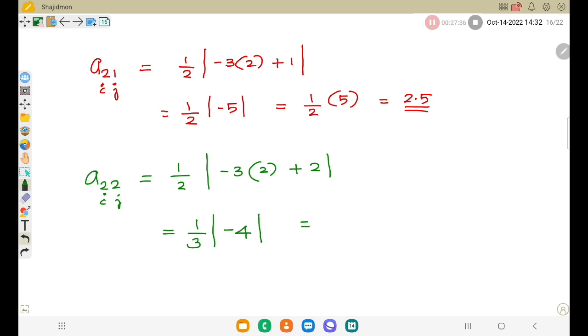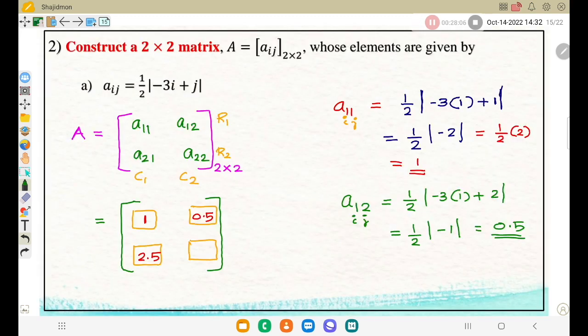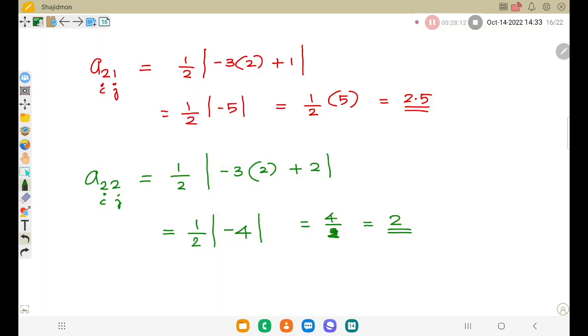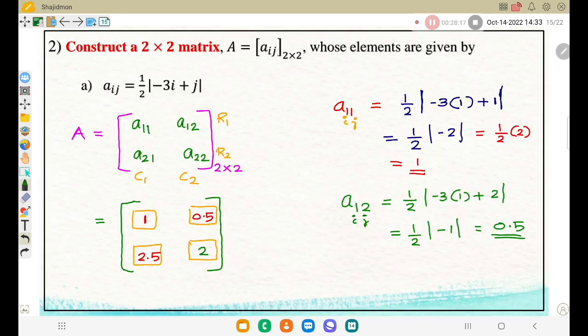Sorry, it is not 4 by 3, it is 4 by 2. I missed the number, not 3, it is 2. So 4 by 2, that means equal to 2. Now we will go to the matrix. So the fourth number we got is 2. So all the numbers like this we can calculate: A11, A12, A21 and A22. I hope you understood how to get the 2 by 2 matrix.